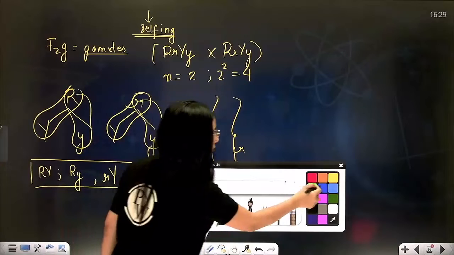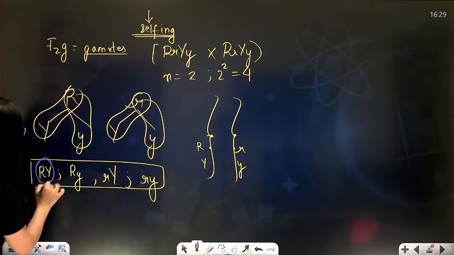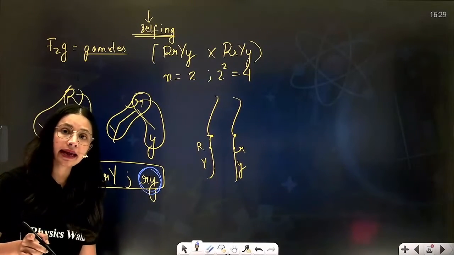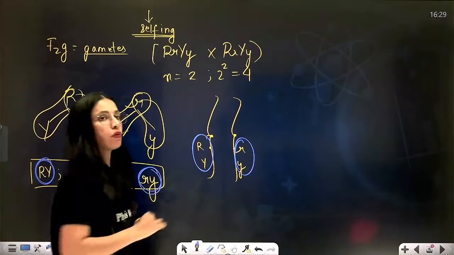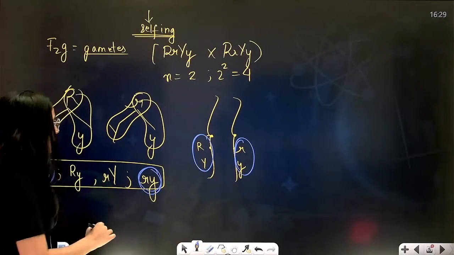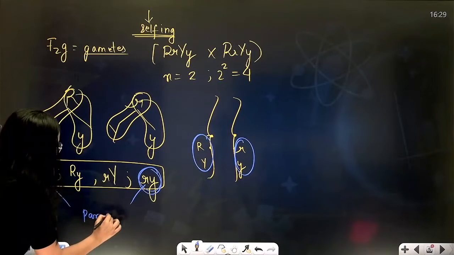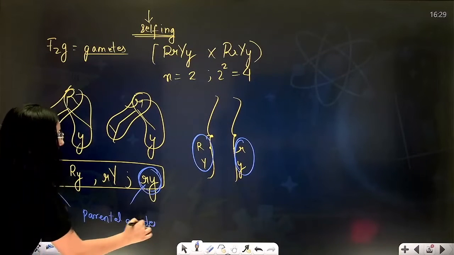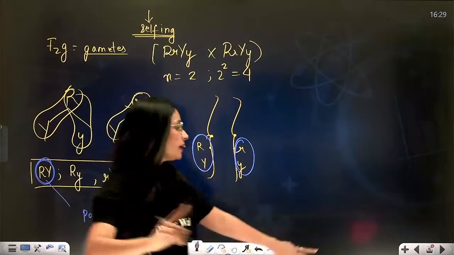Now, out of the 4 gametes, these two, RY and small r, small y, are called parental gametes. Why parental gametes? Can anybody tell me? Because they are the same as the parents which were taken initially.